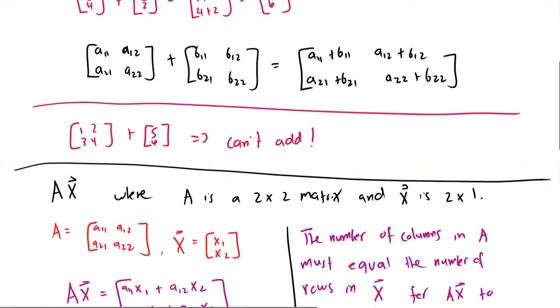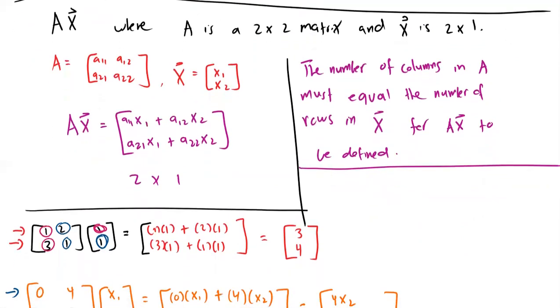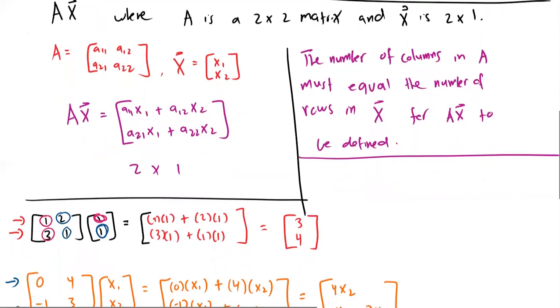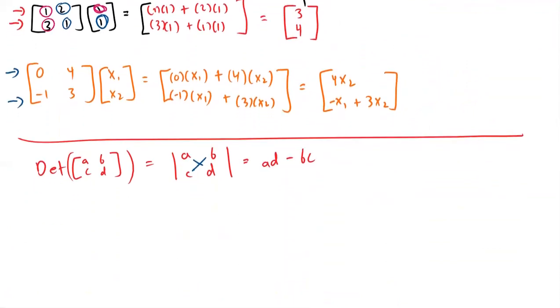And for matrix-vector multiplication, the number of columns in your matrix has to equal the number of rows in your vector. If that's the case, the product AX is always defined, as this formula. If you just want to do it by hand without memorizing, just work row by row, as we did in this example. And then finally, the determinant, which we already learned how to do before.